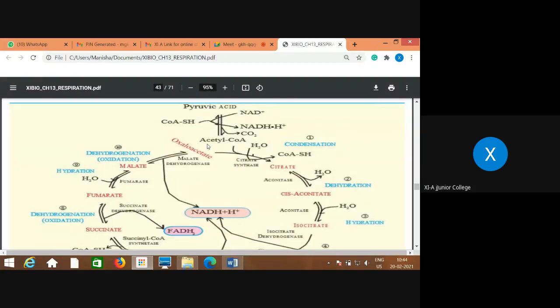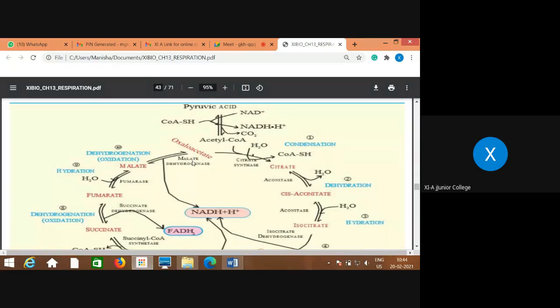When it enters the Krebs cycle in the mitochondrial matrix, oxaloacetic acid or oxaloacetate is present in it. Now I told you already that pyruvic acid is a 3-carbon compound. When it is decarboxylated, there is removal of 1 carbon, then it becomes a 2-carbon compound, and this oxaloacetate or oxaloacetic acid which is present in the mitochondrial matrix is a 4-carbon compound.